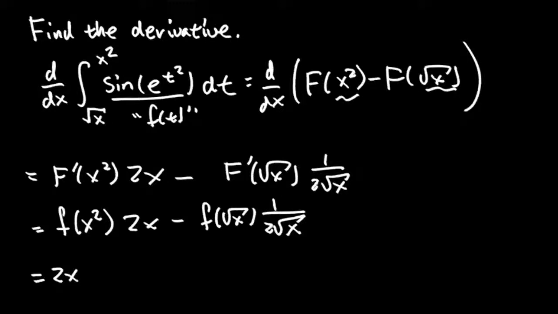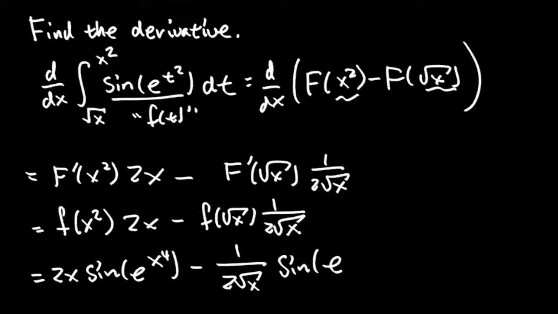All right, so we have 2x times sine of e to the, okay, that t is going to become an x, so e to the x squared squared is x to the 4th, minus 1 over 2 square root of x times sine of e to the, oh, that's nice, that's just x, because square root of x squared is just x.